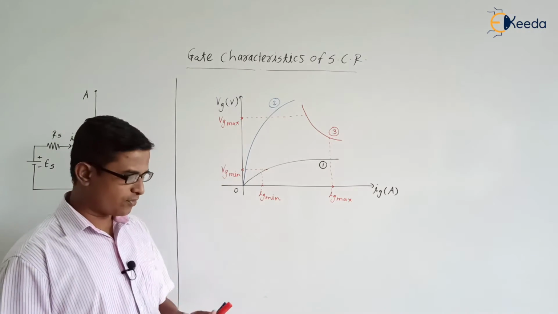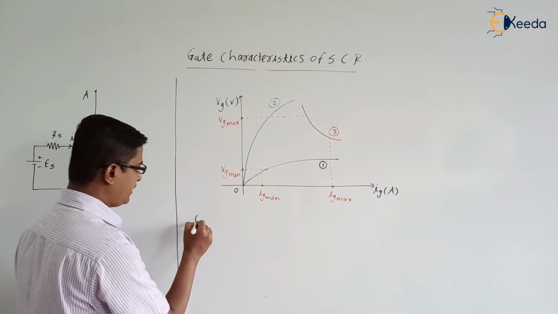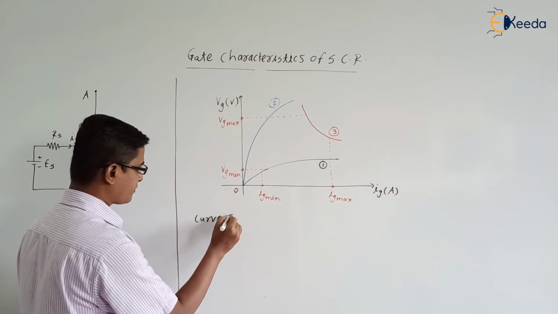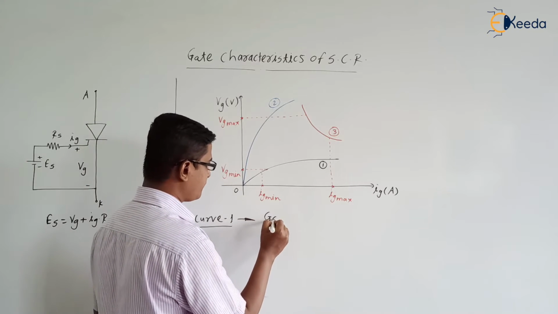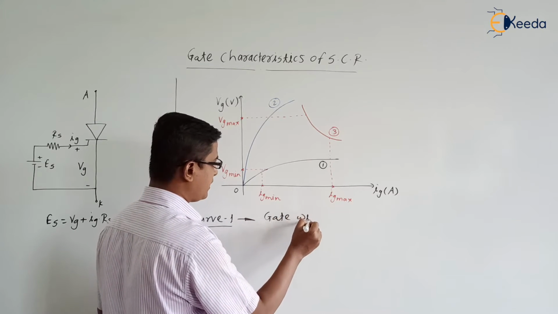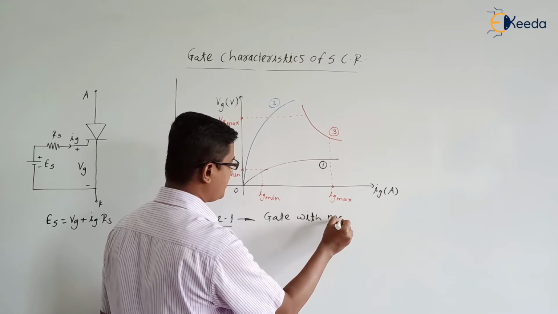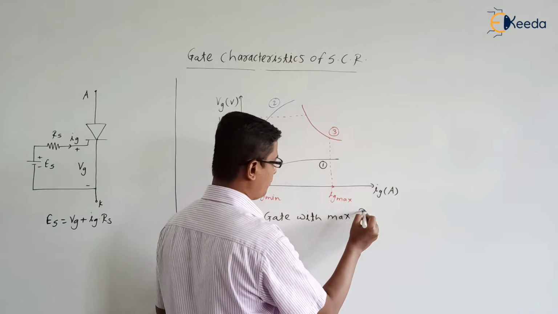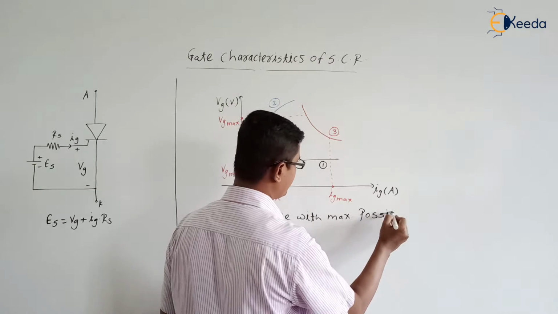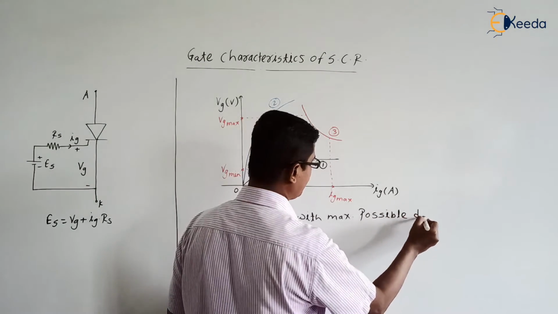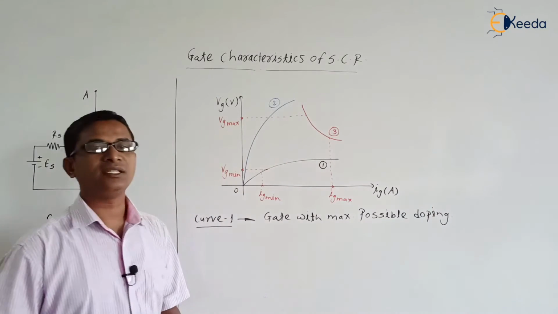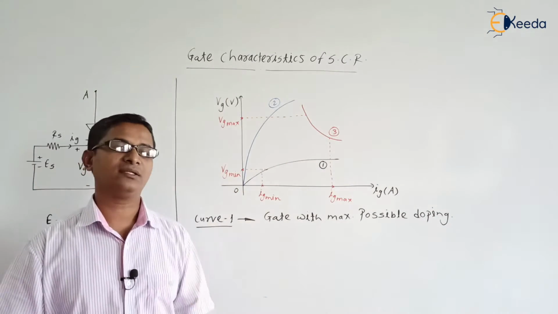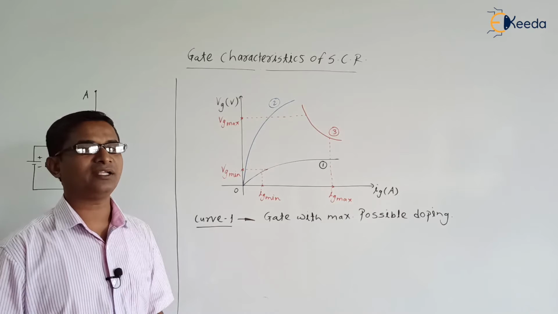So curve 1 indicates the gate with maximum possible doping. The meaning is, in the SCR we are having the PN structure, 4 layers and 3 junctions.